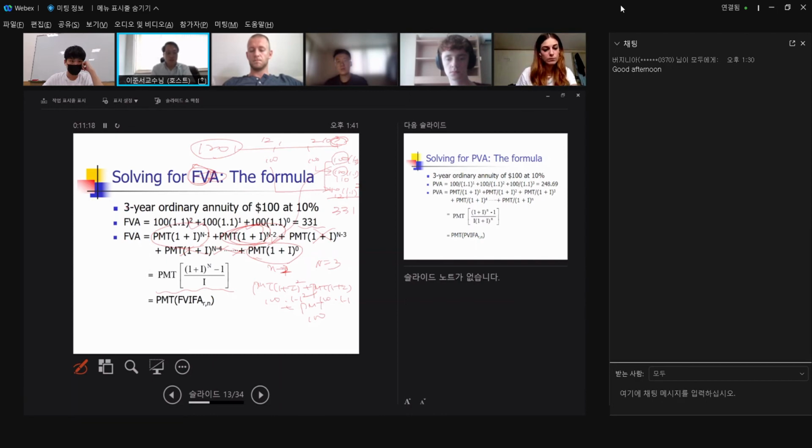So we can generalize: if maturity is 3 years, then we can consider n minus 1 as an exponent for the first term. So we can generalize the cash flow stream to calculate the future value of annuity. This cash flow stream can be expressed by this equation. How come? There is a formula to calculate this kind of equation.